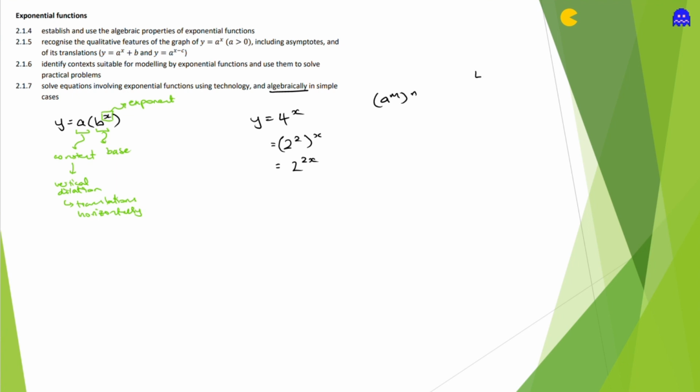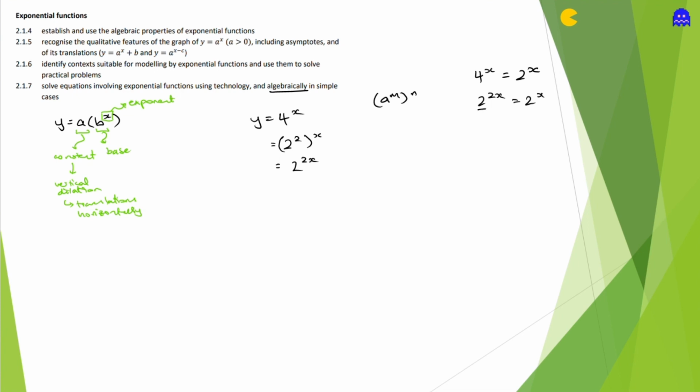For example, if we have 4 to the x equals 2 to the x, and we're trying to find the point of intersection where 4 to the x and 2 to the x intersect, we can rewrite it in terms of the same base, 2 to the power of 2x equals 2 to the x.